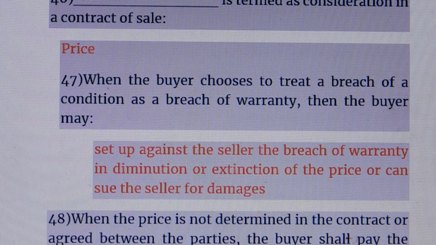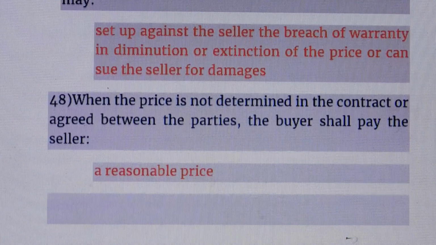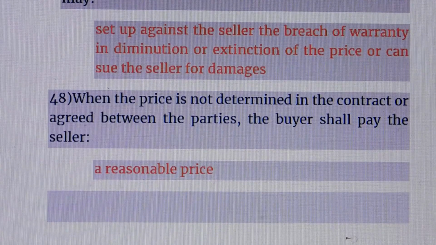Answer is set up against the seller the breach of warranty in diminution or extinction of the price or can sue the seller for damages. Question number 48. When the price is not determined in the contract or agreed between the parties, the buyer shall pay the seller. Answer is a reasonable price.